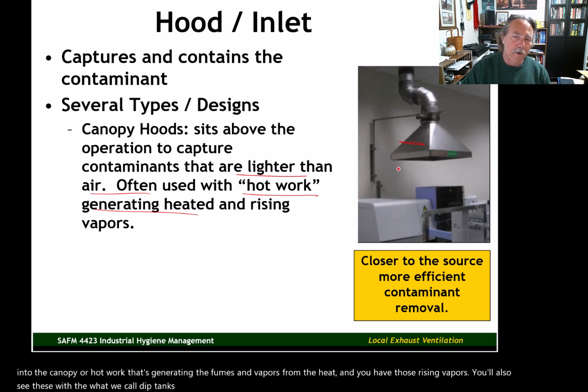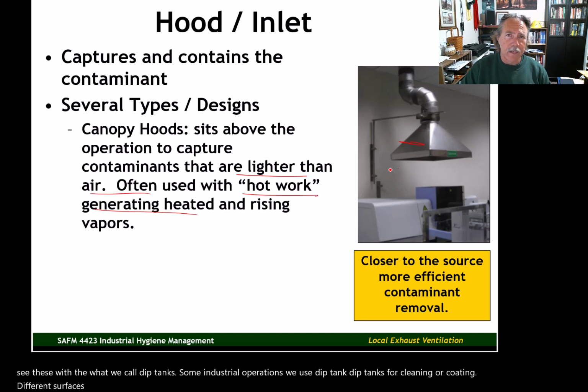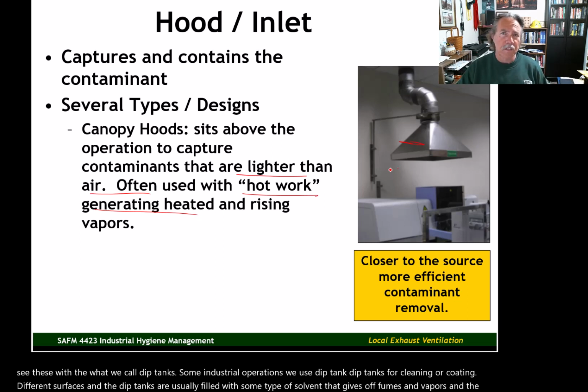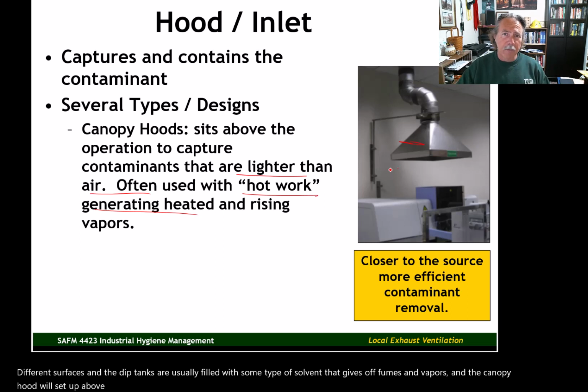Some industrial operations will use dip tanks for cleaning or coating different surfaces, and the dip tanks are usually filled with some type of solvent that gives off fumes and vapors. The canopy hood will set up above the dip tank and capture the vapors and remove those vapors from the work area as they're created.